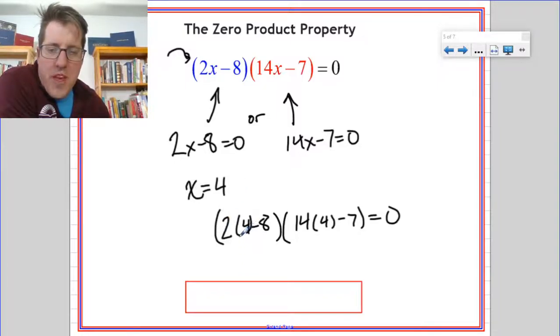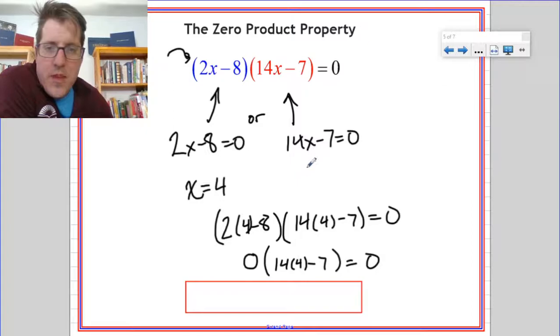Well, 2 times 4 is 8. 8 minus 8 is 0. So this first set of parentheses is 0. So I don't even need to go through and do the rest of this. I don't need to figure out what 14 times 4 is, because I know whatever that turns into is going to be 0 times stuff, and that equals 0.